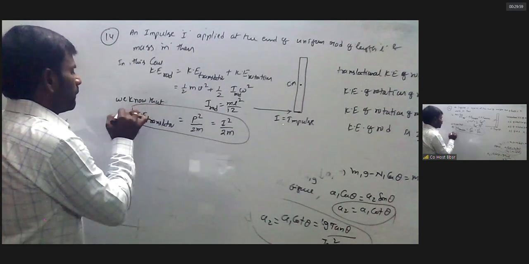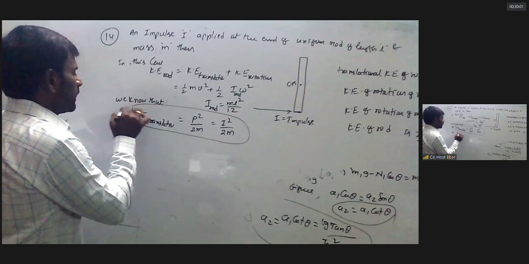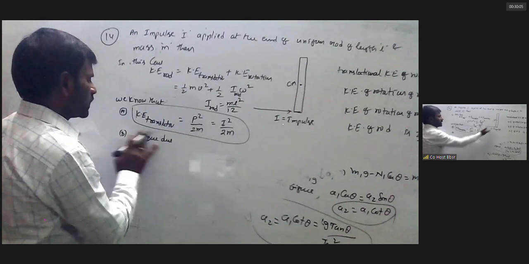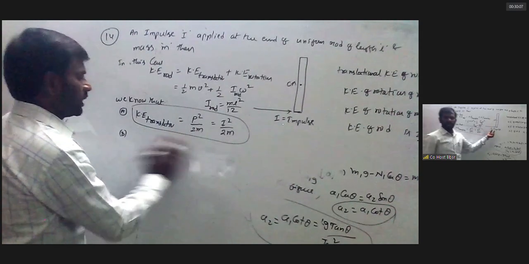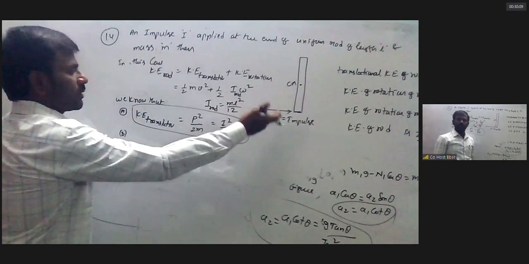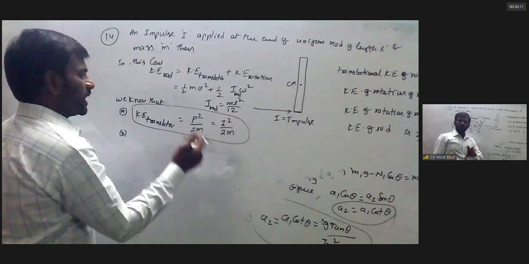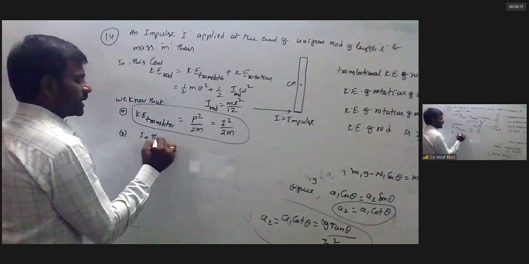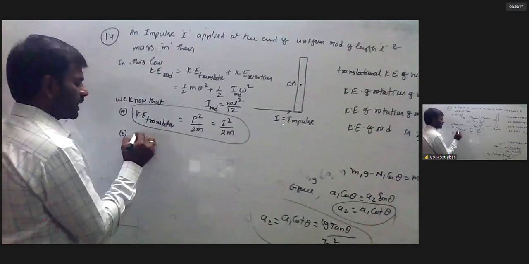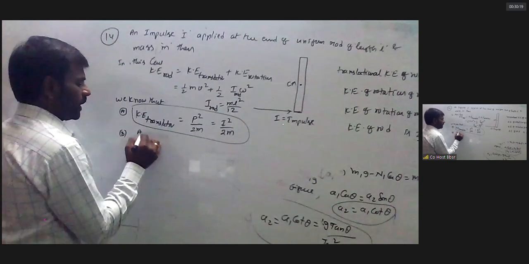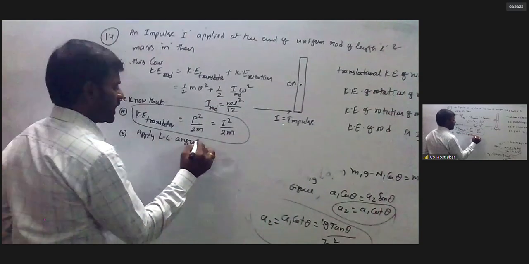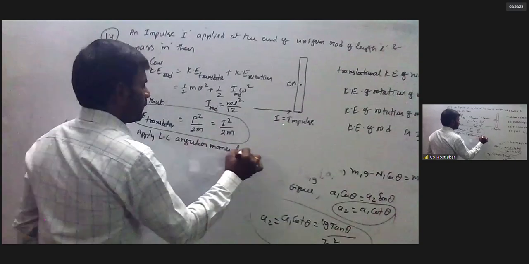But number 2, you see. Torque due to the collision, collision only applied. Collision means what type of law can be applicable in this case? Otherwise directly I can apply the law of conservation of angular momentum.